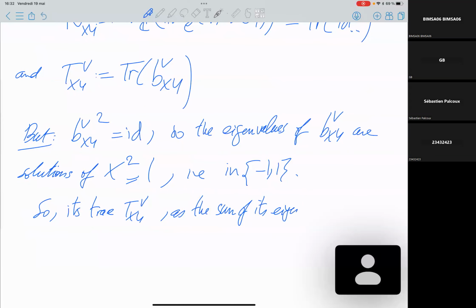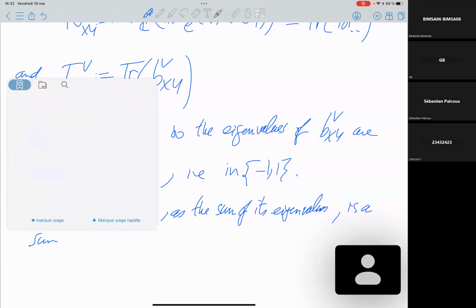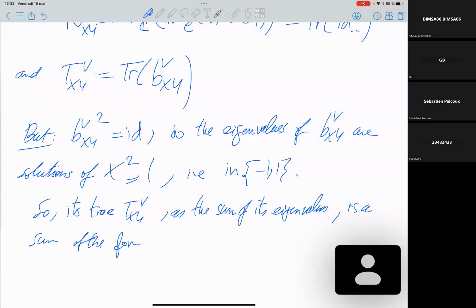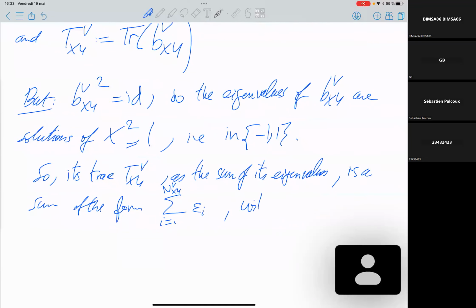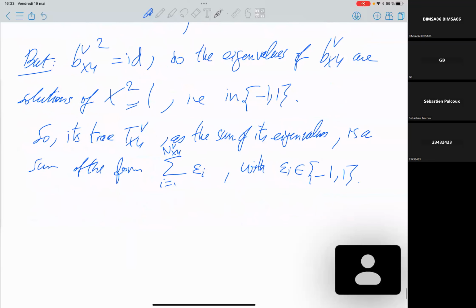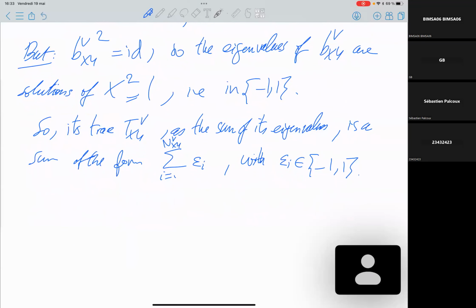Its eigenvalue is a sum of the form sum from i equals 1 to N_{XY}^V of epsilon_i with epsilon_i in {-1, 1}. Okay. So it's a sum of N_{XY}^V terms plus or minus 1.